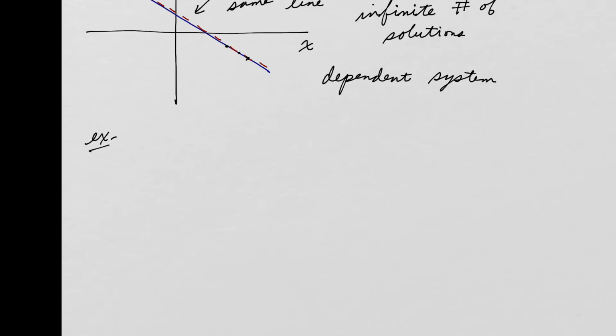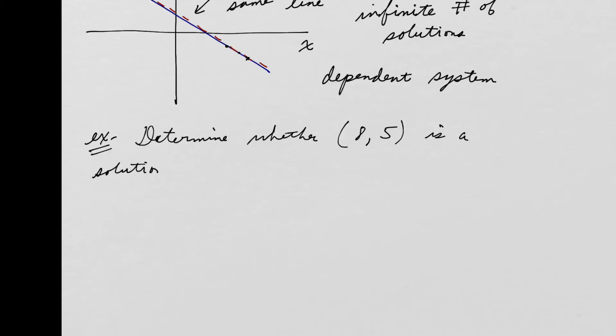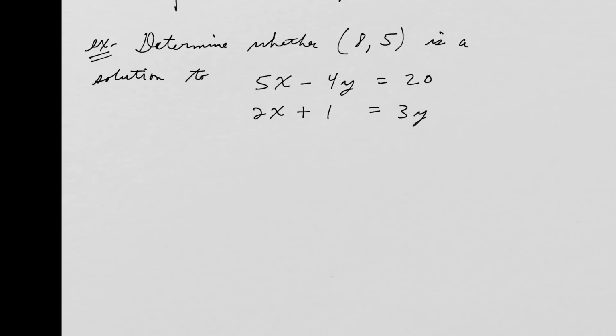So let's say we're given this problem, determine whether the point 8, 5, that ordered pair, is a solution to this system. 5x minus 4y equals 20, and then 2x plus 1 equals 3y. Well, all I have to do is plug it in to both equations, and it has to satisfy both of them. So let me try the first one.